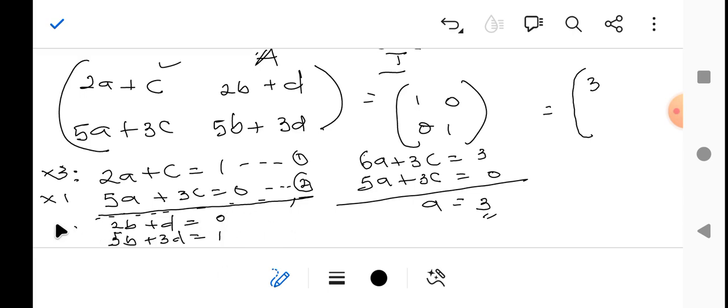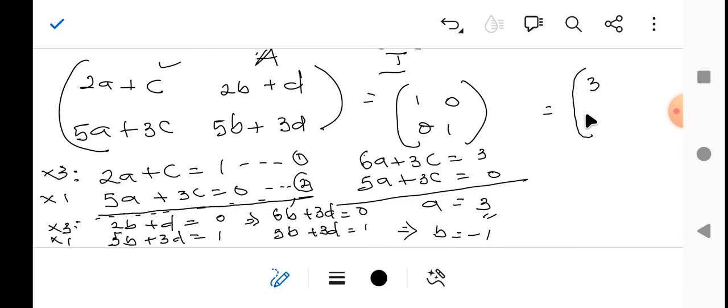I can multiply here by 3 and here by 1, so I can eliminate d. So here I have 6b plus 3d equal to 0, then I have 5b plus 3d equal to 1. If I subtract these equations, 6b minus 5b is going to be b, 3d minus 3d is gone, and 0 minus 1 is equal to minus 1.